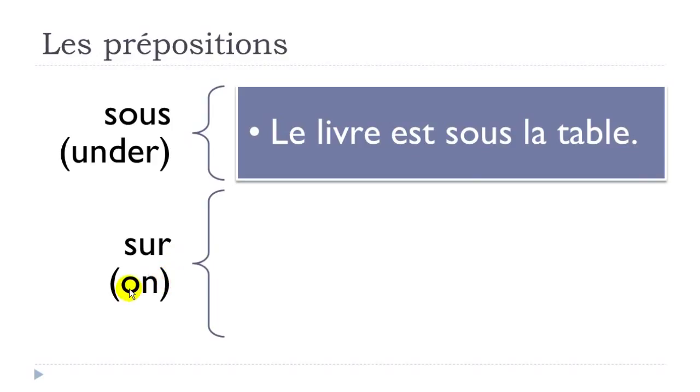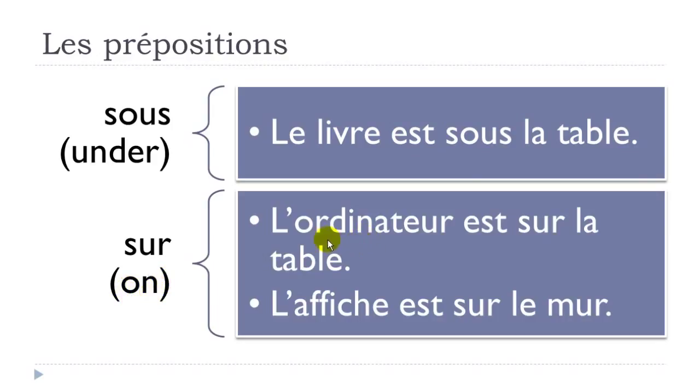Sur means on. Okay, and then we've got two examples here. L'ordinateur est sur la table. So l'ordinateur, the computer, is sur, on, la table, the table. The computer is on the table.